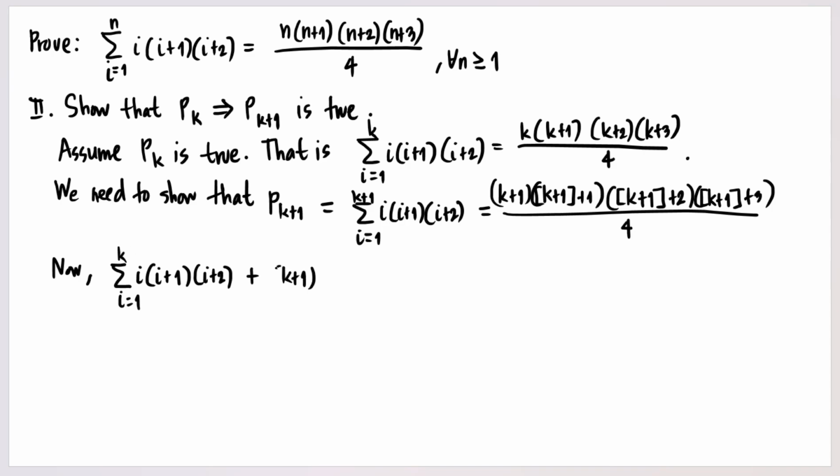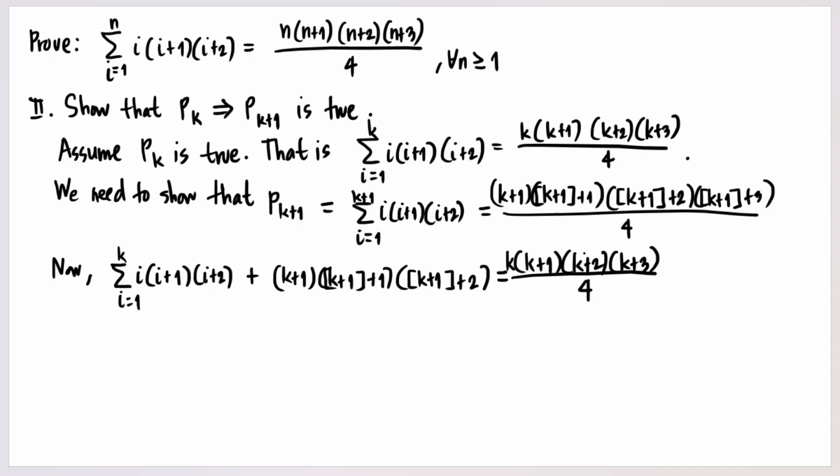That's k plus 1, k plus 1 plus 1, and k plus 1 plus 2, which would be equal to k times k plus 1 times k plus 2 times k plus 3 all over 4.